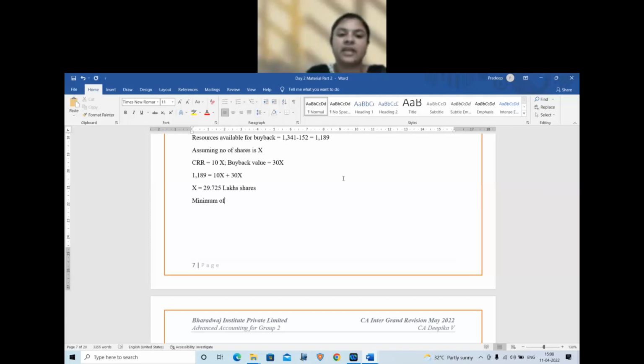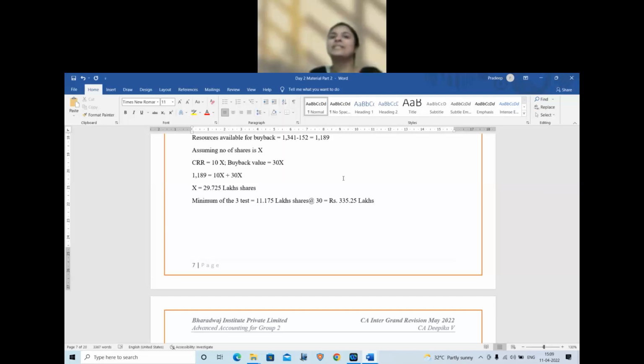Yes, minimum of the three, 11.175 lakh shares. 11.175 lakh shares at 30 rupees gives you 335.25 lakhs, compared to 29.725 where we are comparing the minimum.